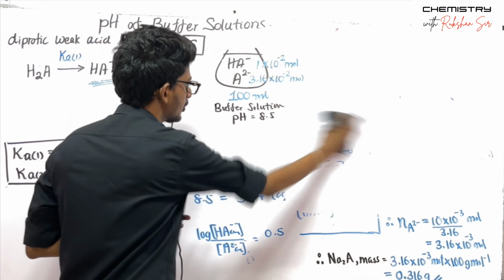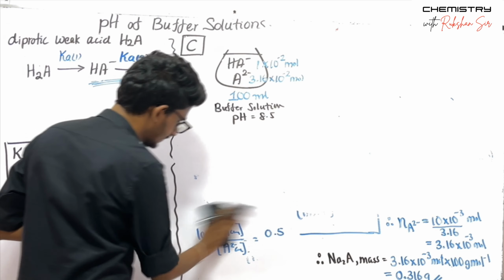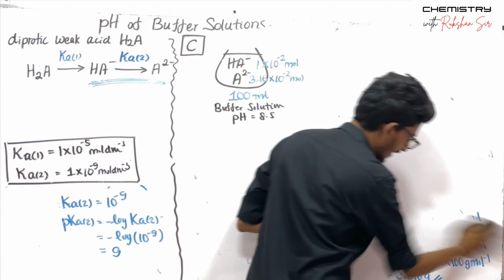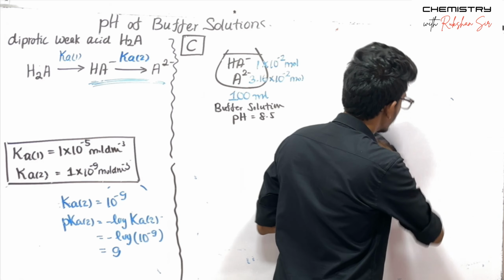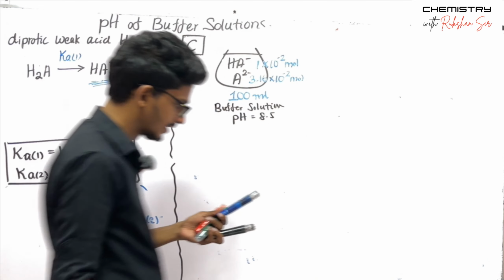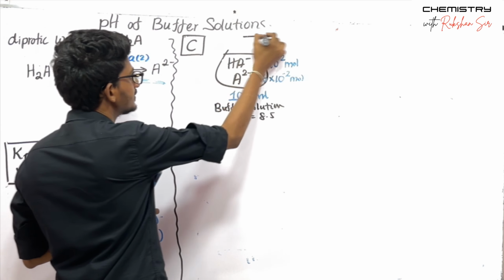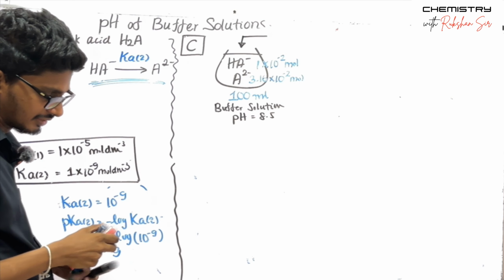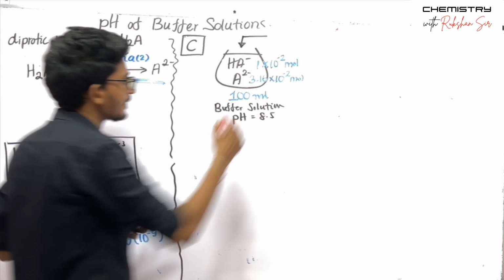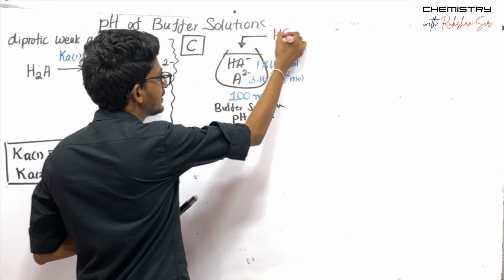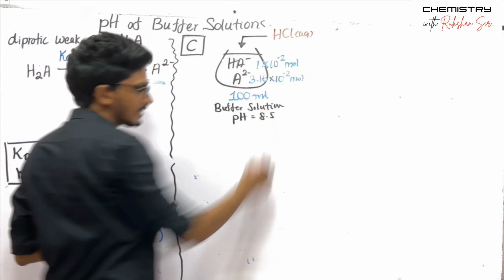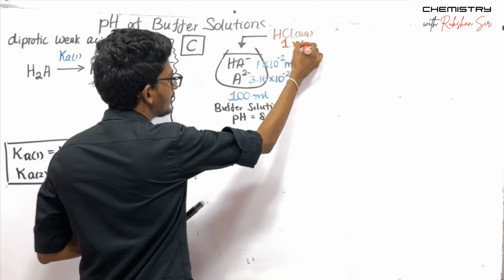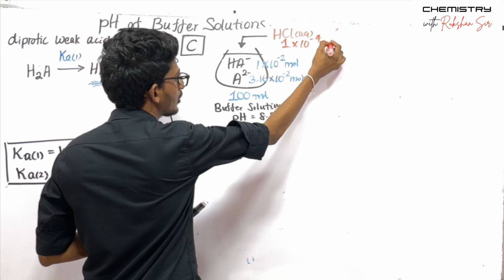What we are supposed to find out now is the pH of the solution after adding some strong acid HCl. The amount is 1 into 10 to the power minus 4 moles, a very little amount of HCl.